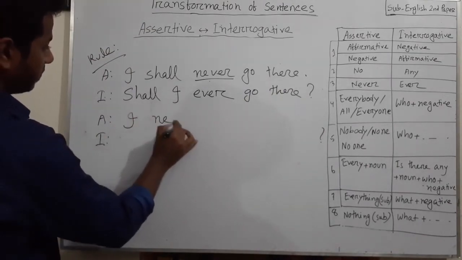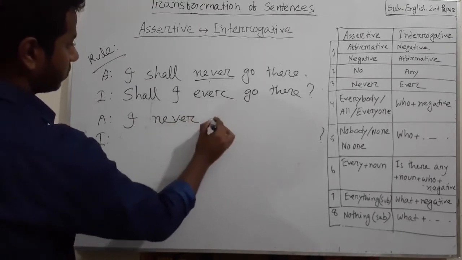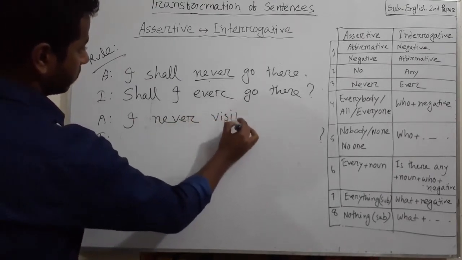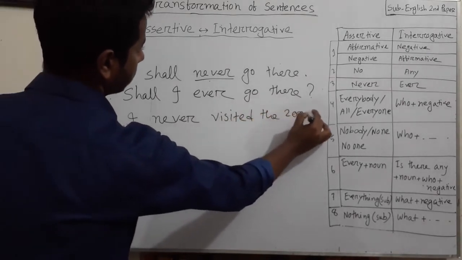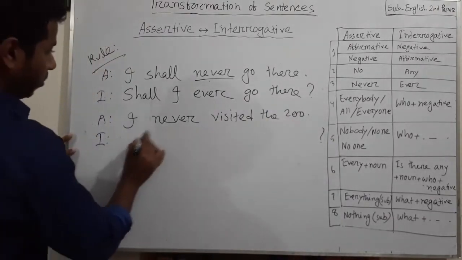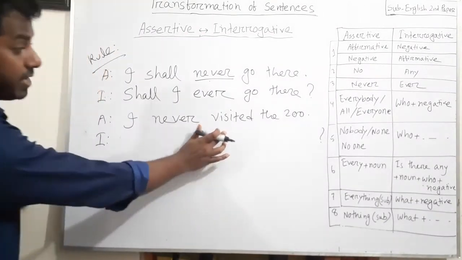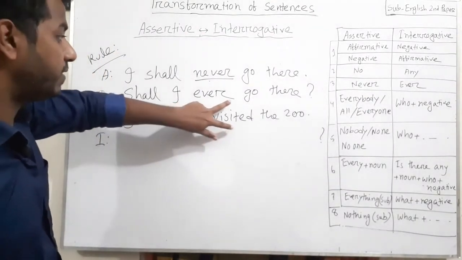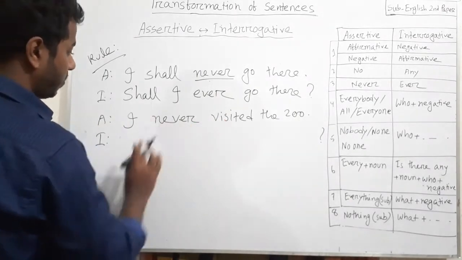Okay, then, I never visited the zoo. Okay, look at this sentence. In this sentence there is no auxiliary verb, and this sentence is in past indefinite tense. For this reason there will be did as the auxiliary verb.